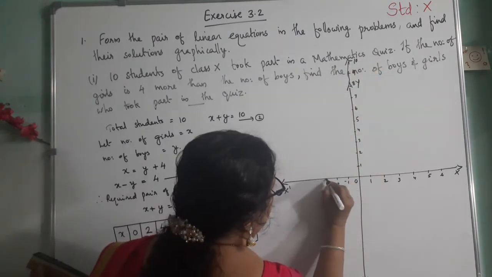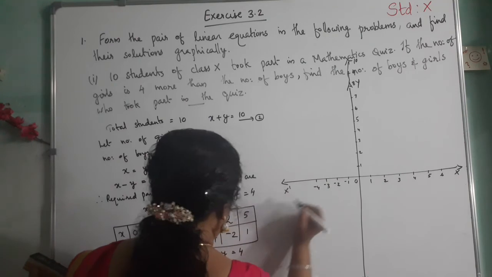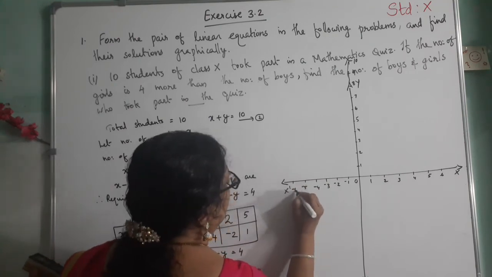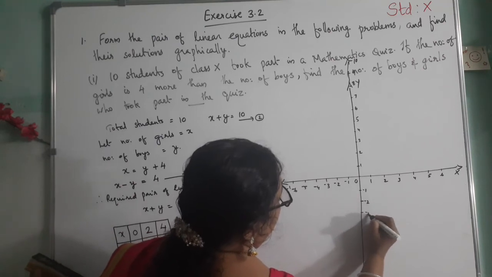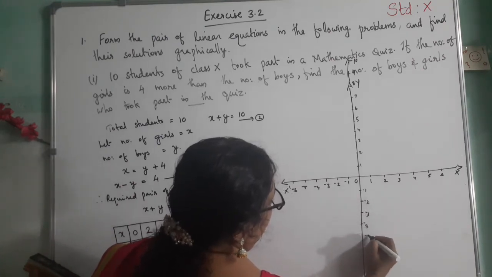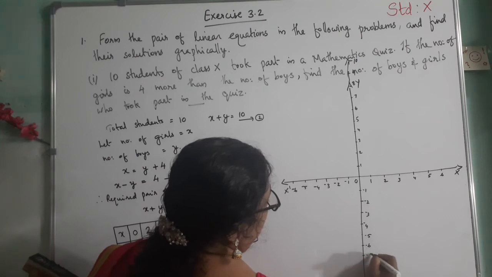Minus 1, minus 2, minus 3, minus 4, minus 5, minus 6. Here also minus 1, minus 2, minus 3, minus 4, minus 5, minus 6, minus 7.